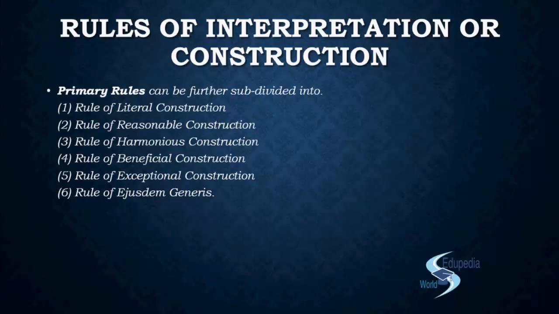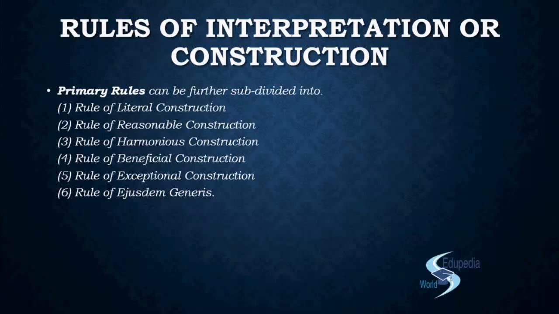Rule number 6, the last rule in the primary rules, is the rule of Ejusdem Generis. Now what is Ejusdem Generis? If you have certain words, certain examples, and then you have 'etc.' over there, so certain specific terms with a general term, then this general term will always mean that you are talking in the context of the specific words that were used before the general word.